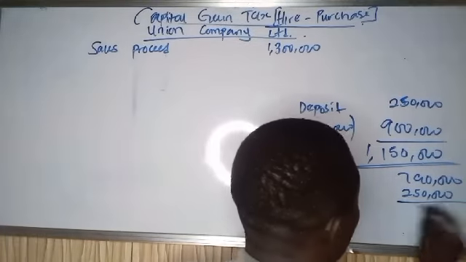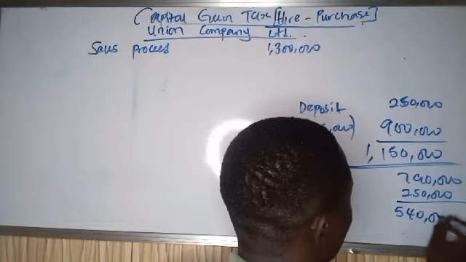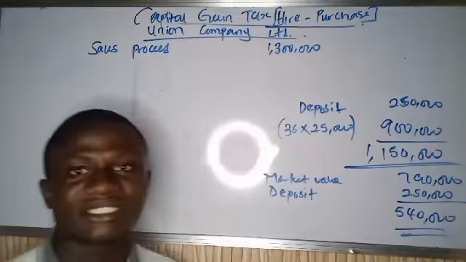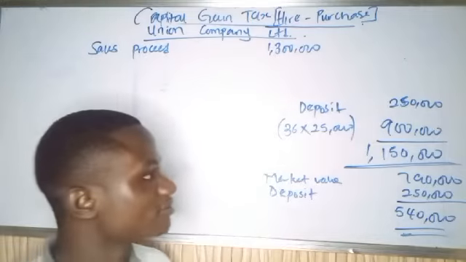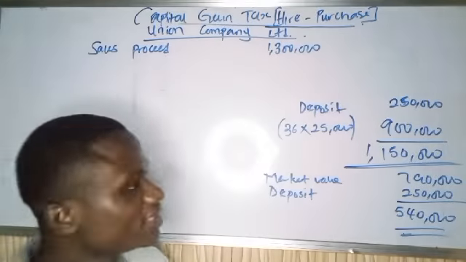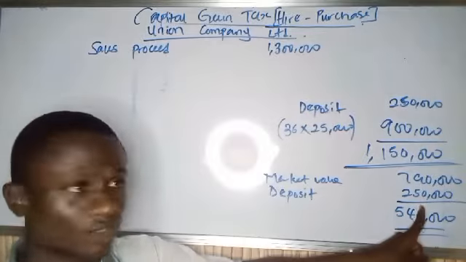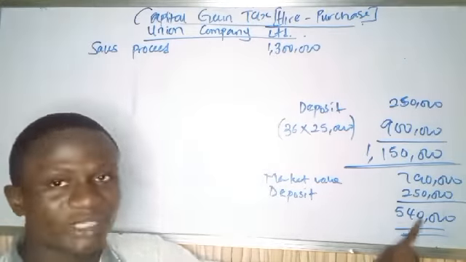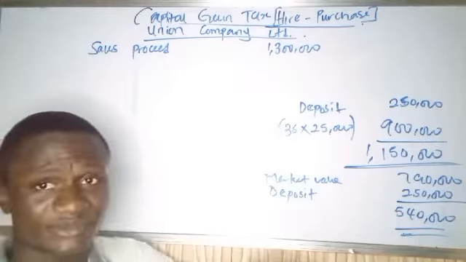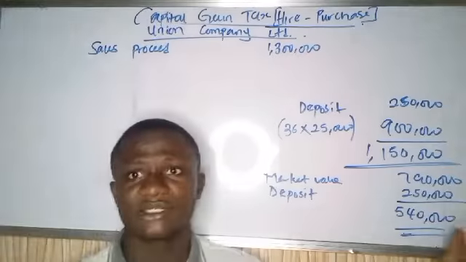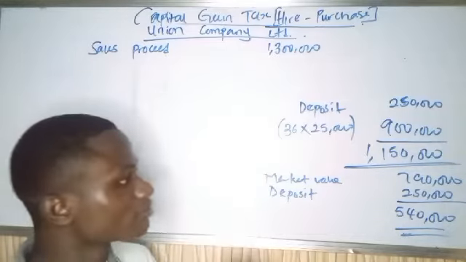So the idea behind this is that this man is not paying instalmentally. After paying 250,000, the amount left for him to pay is 540,000. I believe you understand this. If you don't understand this, please take it back a little so you get a better understanding.